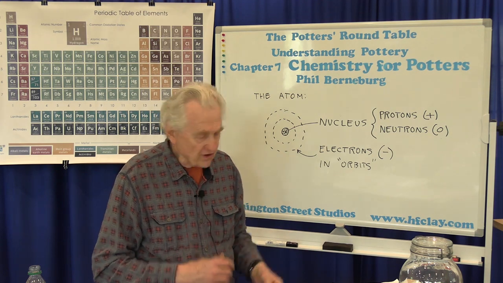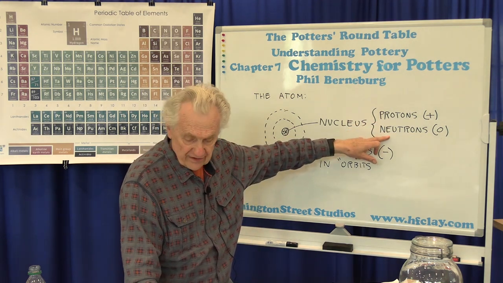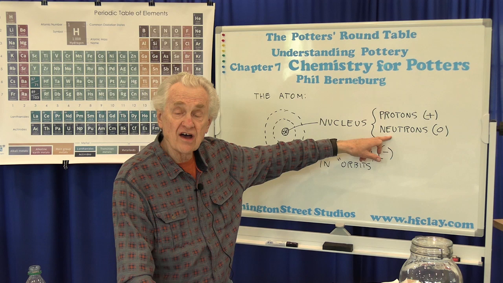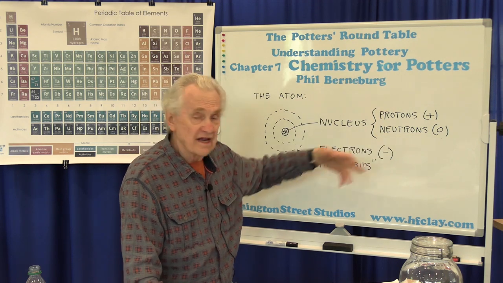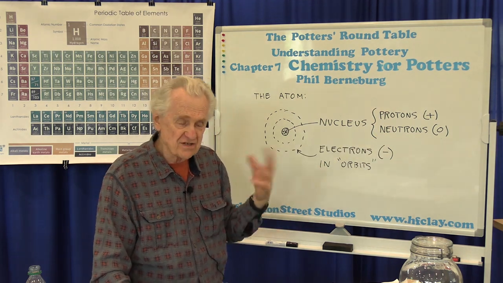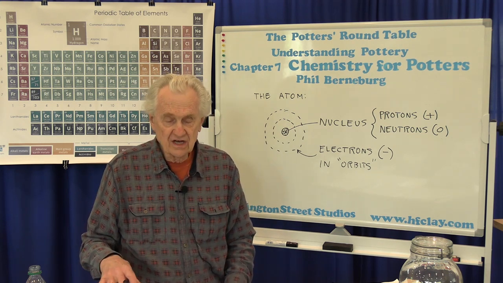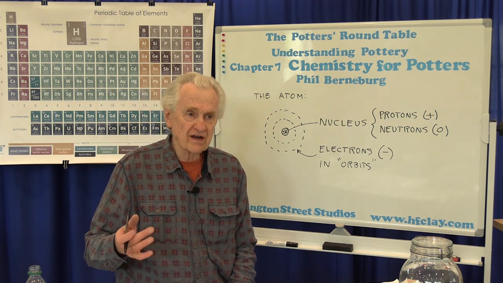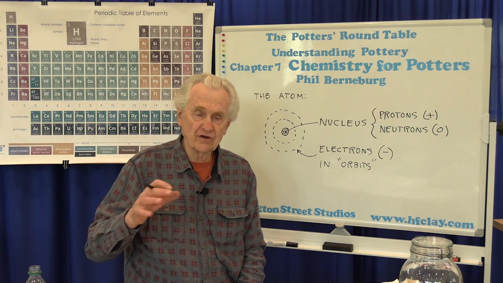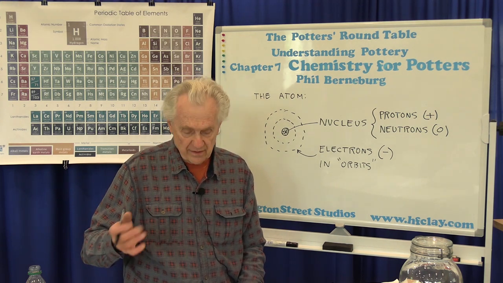The total number of protons plus neutrons in the nucleus is called the atomic weight of the atom. Both of these terms, especially the atomic weight, are used in glaze calculations, which we'll talk about more later in this discussion, and in future discussions where we go into greater detail on some of the glaze chemistry.